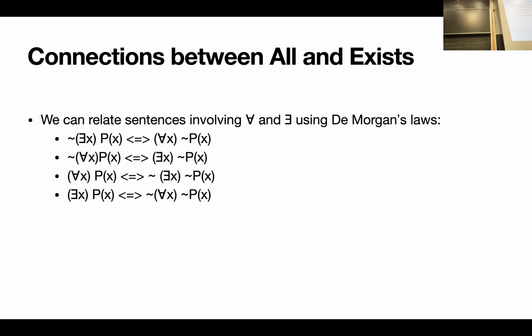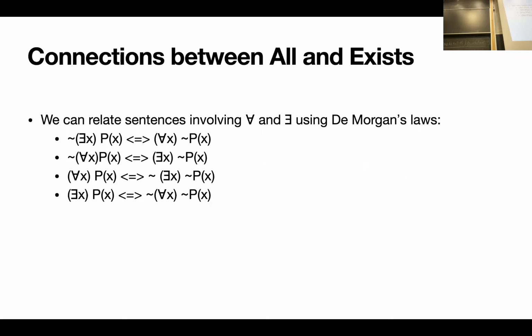And there are a few more things we can do with these quantifiers, and in particular, we can apply De Morgan's laws. We have De Morgan's laws, just as we had earlier with propositional logic. Now we have them also for first order logic. If we have an exists that is negated, we can put the negation inside and flip it to a for all.